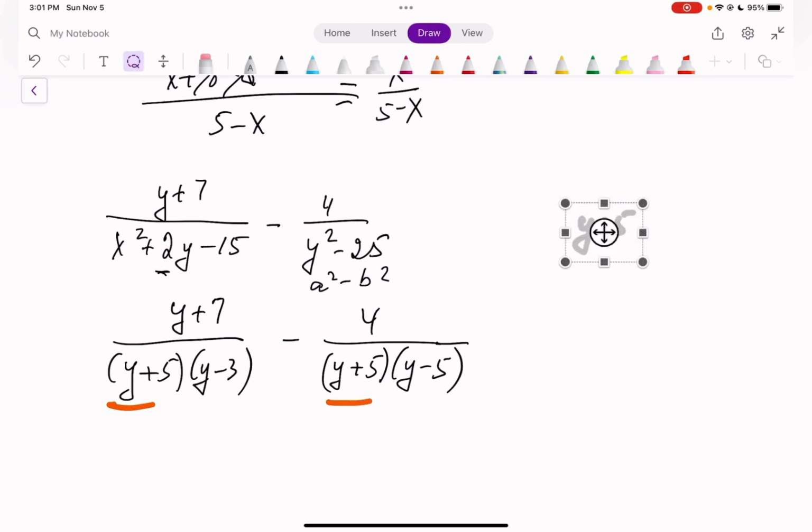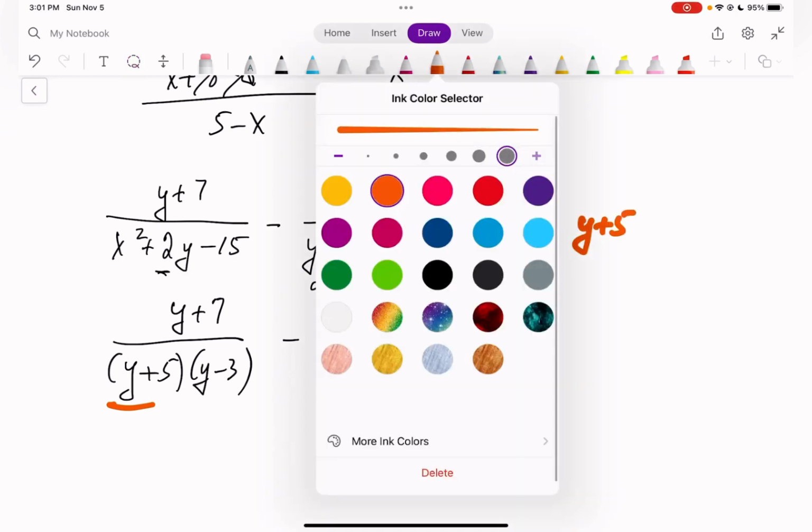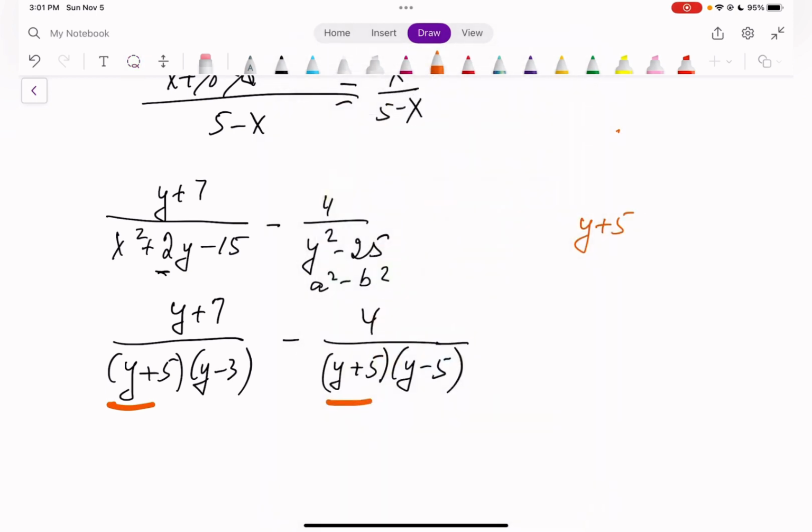Okay, y plus 5. y minus 5, it has only this fraction, so the denominator has to have everything that all terms have in their denominator. And this y minus 3 also we need to multiply.